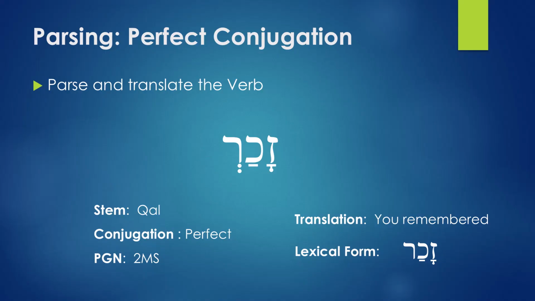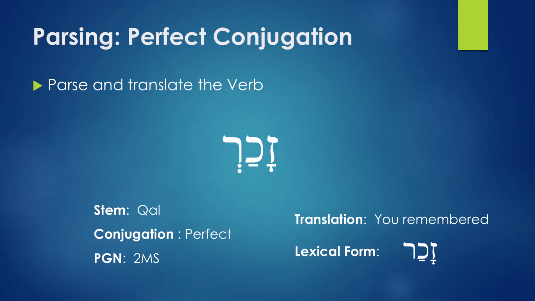Step number 2, remove all other vowels, the sheva and other vowels, and leave only the first qamets and the second patach. If you do that, you're going to remain with zakar, and that is the lexical form. So you remove the suffix and you remove all other vowels, but leave qamets and patach.